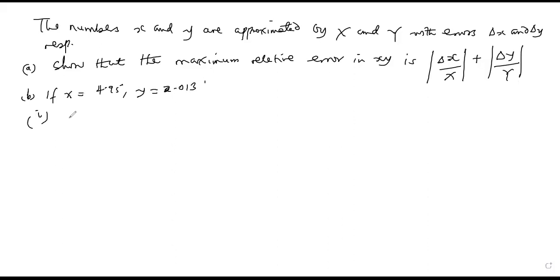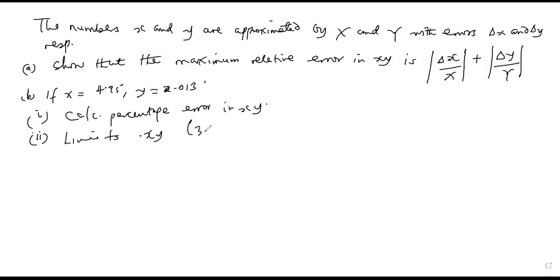Roman 1, calculate the percentage error in xy. Roman 2, the limits within which xy is expected to lie. Give your answer in 3 decimal places. So that is the question.